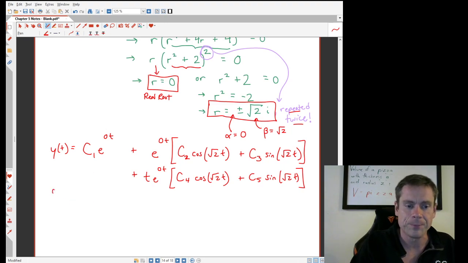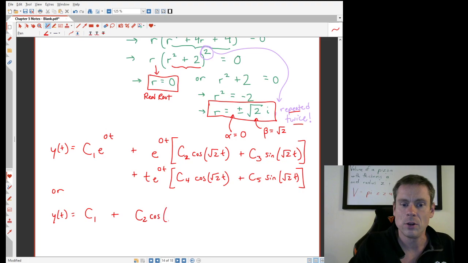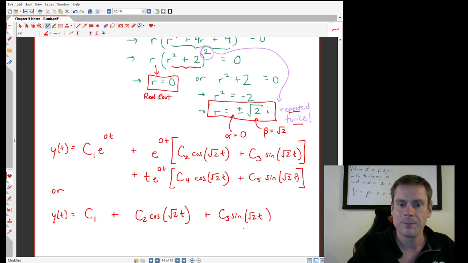So really, we could write this whole solution in this way. c1 plus c2 cos root 2 t plus c3 sine of root 2 t plus c4 t cos root 2 t and c5 t sine root 2 t.